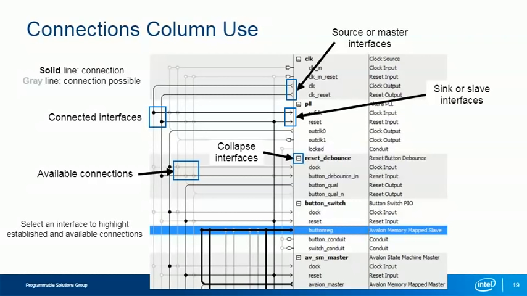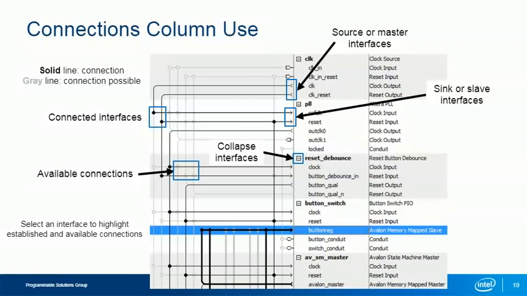An arrow pointing into an interface indicates that it is a slave, clock input, reset input, sink, or receiver interface. Selecting these interfaces, as shown here, highlights in black the connection lines back to whatever interfaces are connected, and possible connections highlighted in gray.